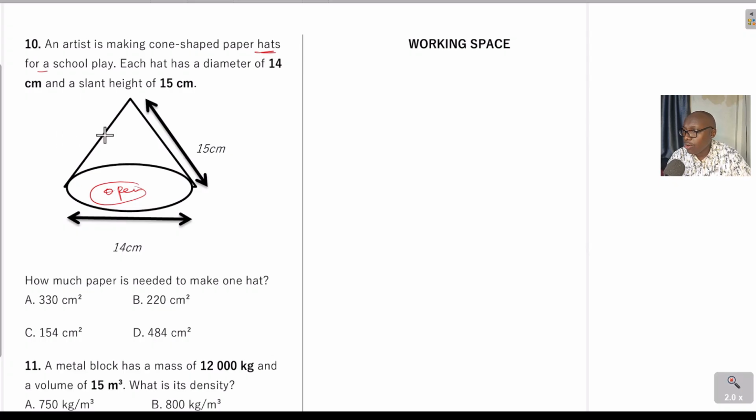So this one is a cone. How do you get the area of the curved part? The curved part of the cone is obtained by this formula, pi r l, where r is the radius and l is the slant height. Because you only need the curved part, the circular part will not be included, it is open. So pi, which is 22/7, times the radius.